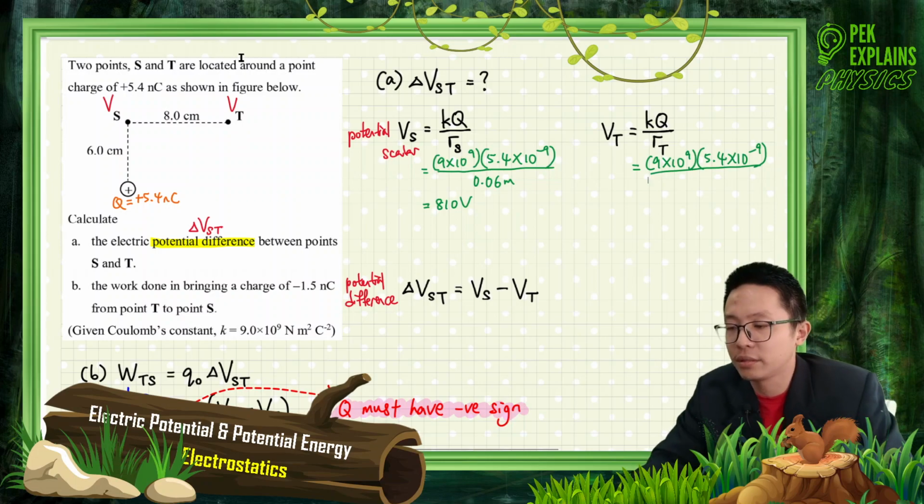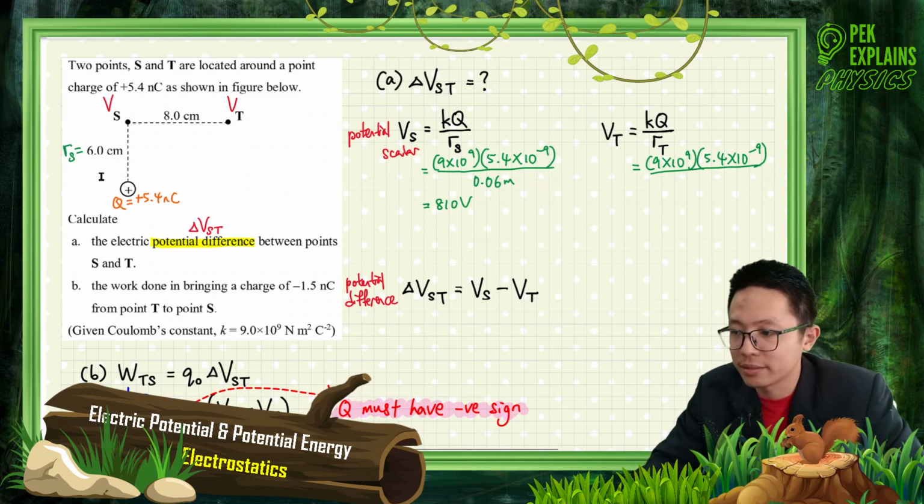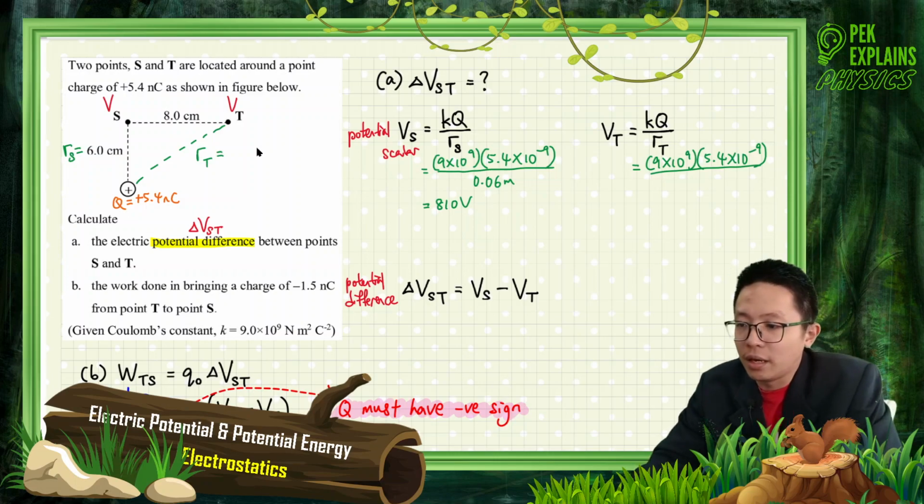Maybe I should write it out. Just now this one is RS, isn't it? 6 cm is RS, and RT is from here to here. What is RT? How far is it? This is a right angle triangle, so Pythagoras theorem. I got RT is 10 cm.